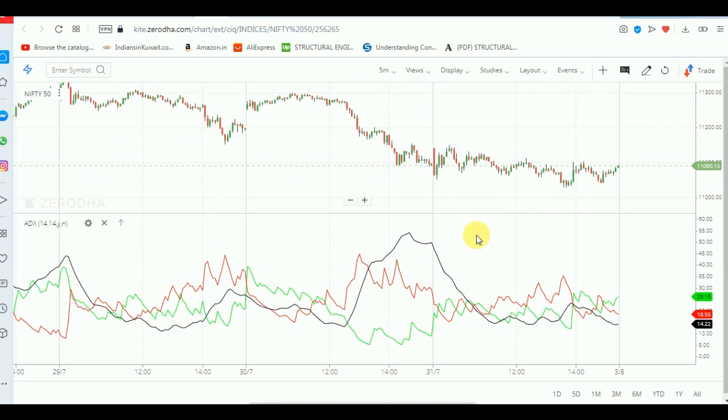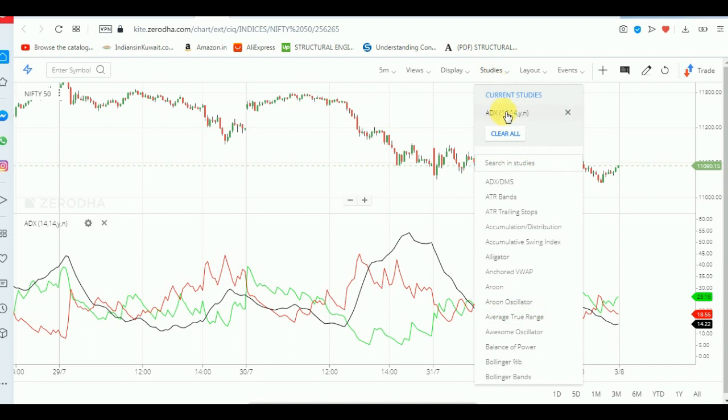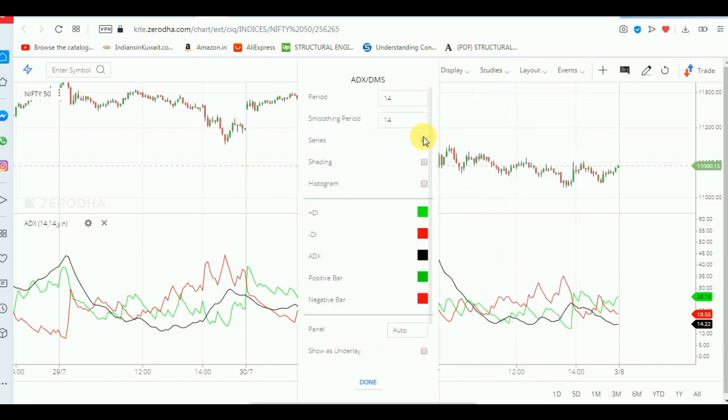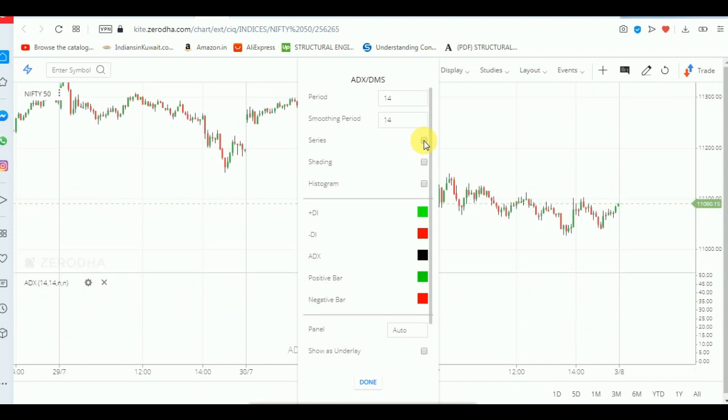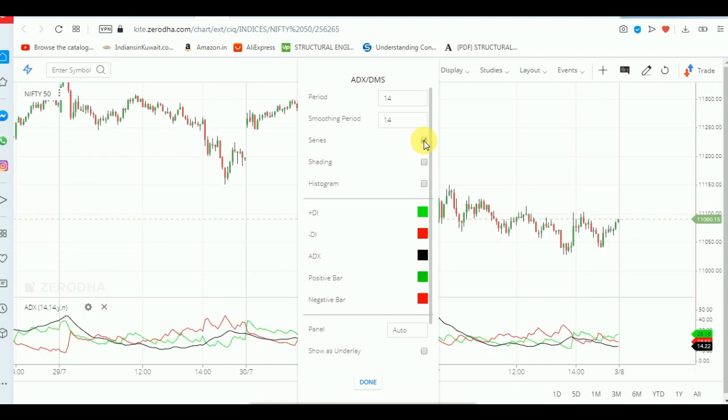So to make it easier, let me change the settings a bit, not much actually. For period and smoothing period, let us have 14 only, and that series has already been selected, so we'll leave it as it is.